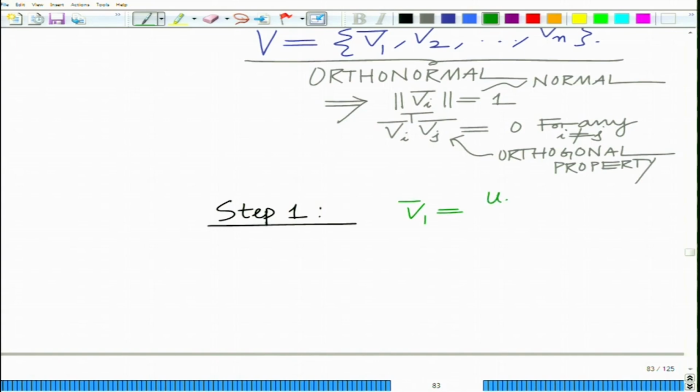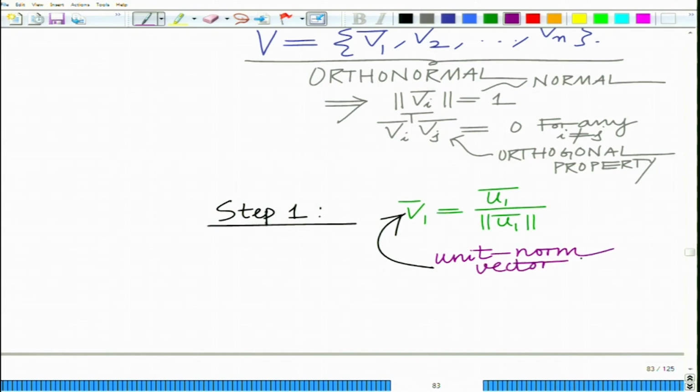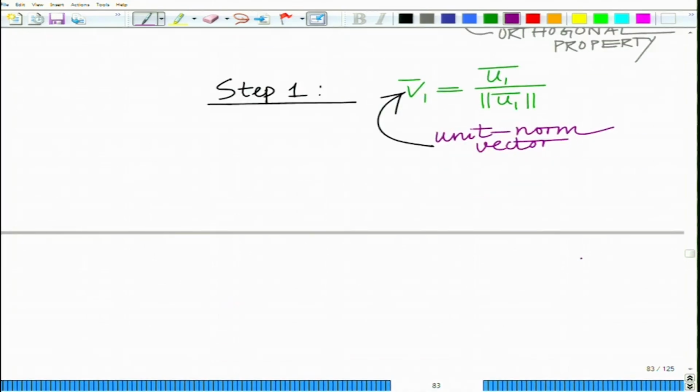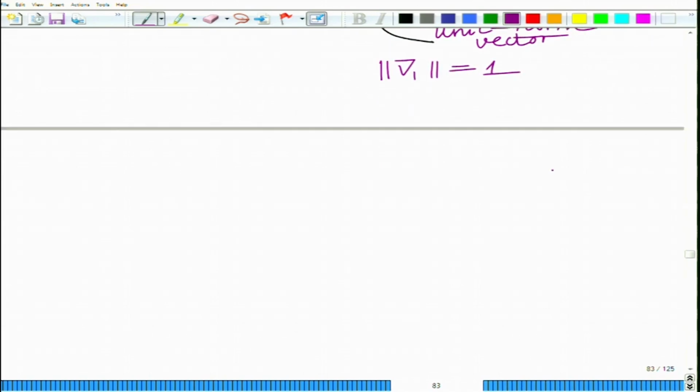At each step we create a set of orthonormal vectors. So the first step is we create a vector v1 bar equals u1 bar divided by the norm of u1 bar. You can observe that this is unit norm, because in fact we are normalizing vector u1 bar by its norm. So this implies norm v1 bar equals 1, which so far satisfies the criterion for Gram-Schmidt orthonormalization.